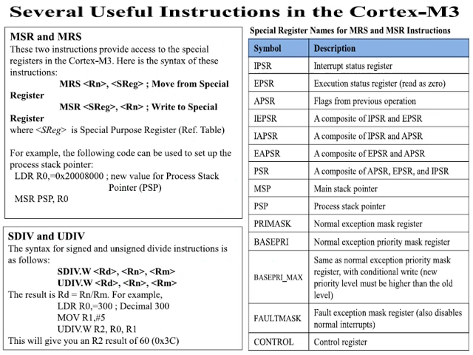Next, let us consider a few useful instructions in the Cortex M3. We have already discussed MSR and MRS, correct? SDIV, UDIV, their symbols and names. Here I would just like to give you a brief overview again.